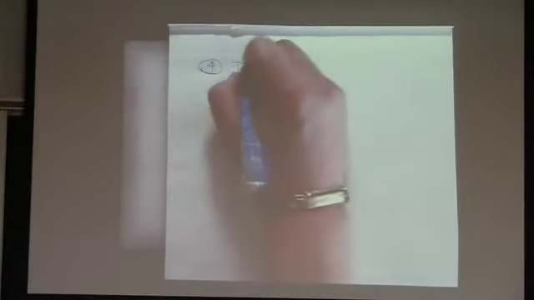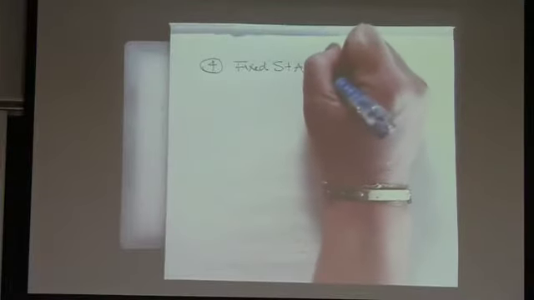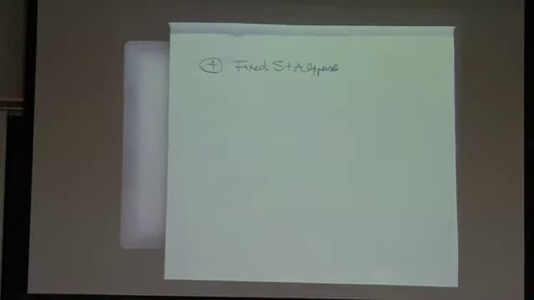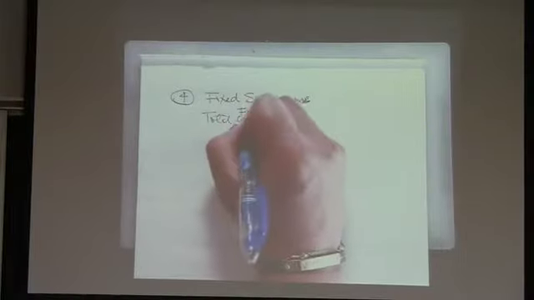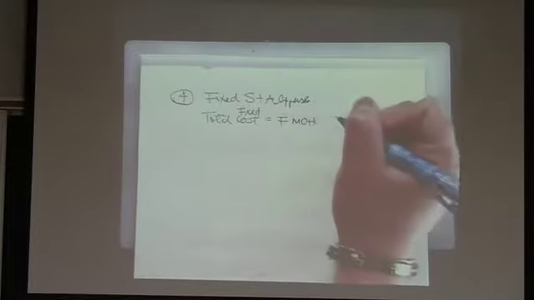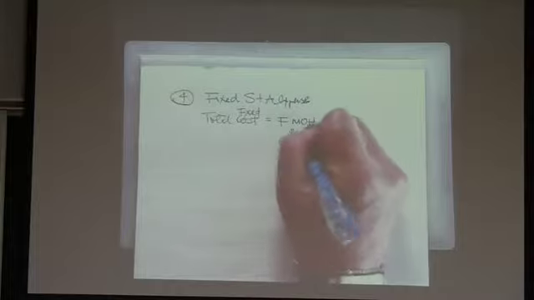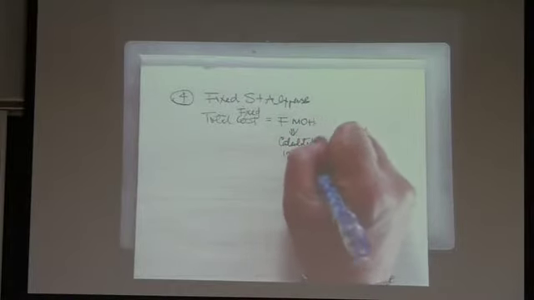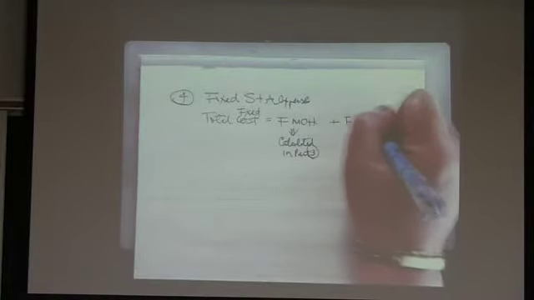For part 4, they asked us to calculate fixed selling and admin expenses. We already know that total fixed cost equals fixed manufacturing overhead, which we calculated in part 3, plus fixed S&A expenses.